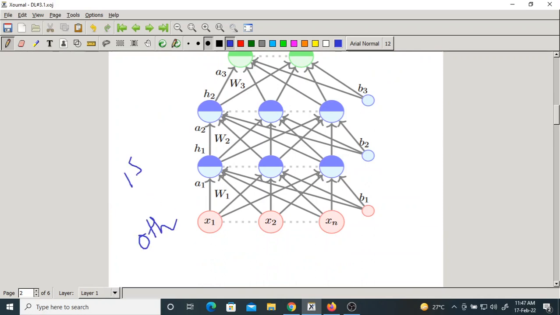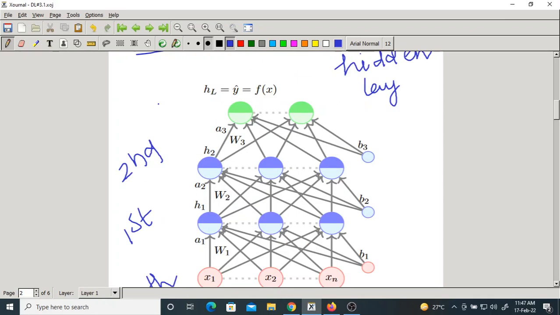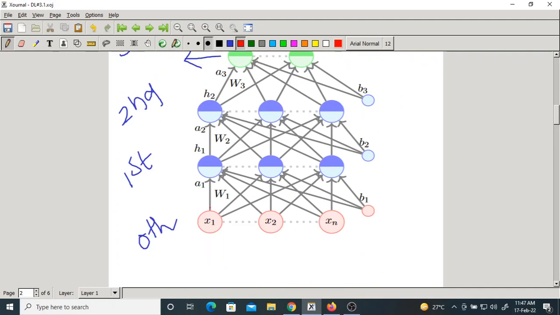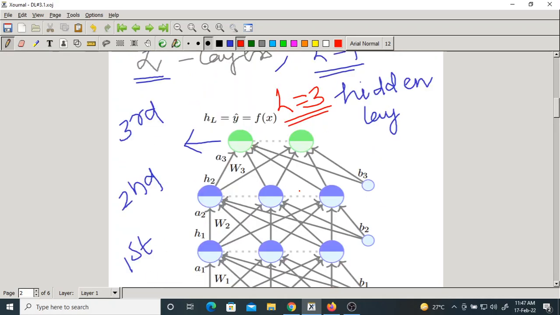This is the first layer. This is the second layer. This is the third layer. So in total how many layers do we have? 3. L equals 3. Anyway, the input is simply an input. It is not a layer actually. So we have L equals 3. This diagram is for L equals 3.